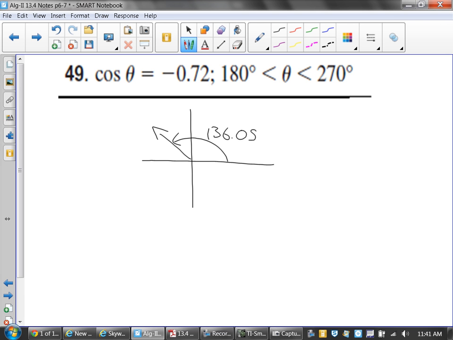So remember, cosine can go between 0 and 180 degrees, going through the first two quadrants. Now, if theta is 136.05, what's its reference angle? 43.95. And then how do you bounce that to the third quadrant? Add 180 to it. Good.